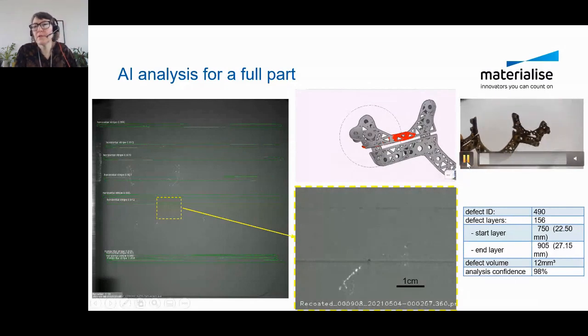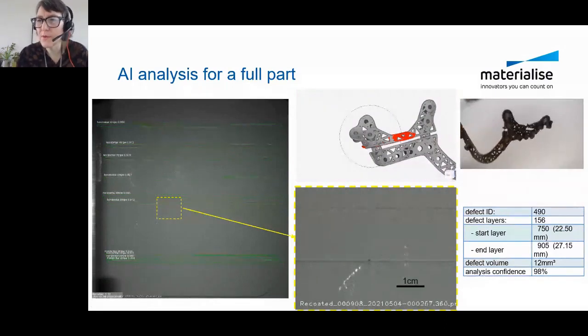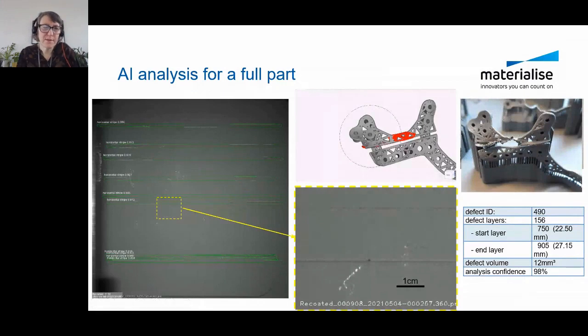In this case, the damage is so big you don't need a microscope or any additional tools to find that. That's obvious, but it's a nice showcase.